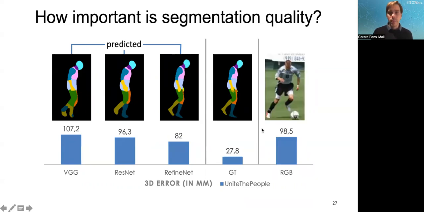And here we have the result for an image, and we see that this error is still very high. So it still pays off to get a semantic segmentation, but it needs to be at least relatively accurate. If we have a not very accurate semantic segmentation, we'll do even worse than using the original image. Which is very intuitive, but it's important to validate this empirically.